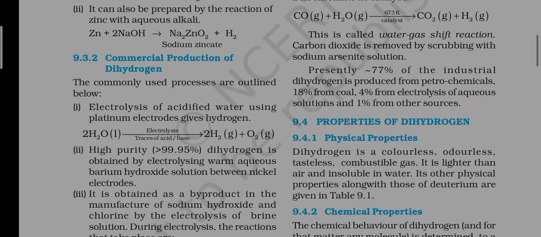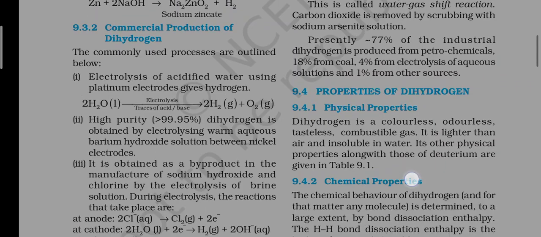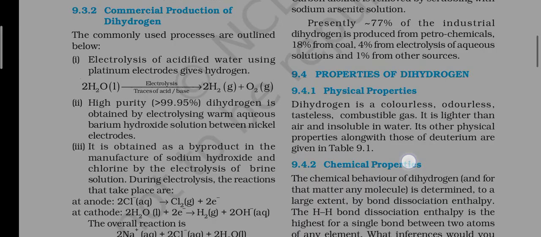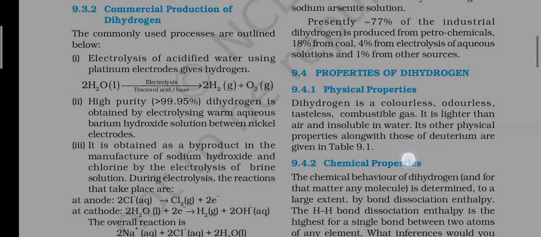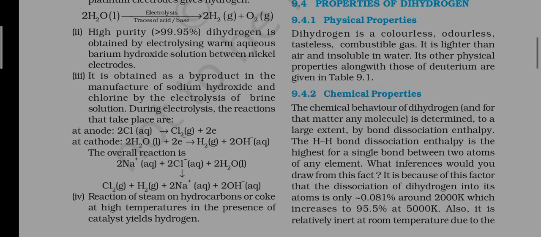First is electrolysis of acidified water using platinum electrodes, which gives hydrogen. High purity dihydrogen is obtained by electrolyzing warm aqueous barium hydroxide solution between nickel electrodes. It is obtained as a byproduct in the manufacture of sodium hydroxide and chlorine by the electrolysis of brine solution.